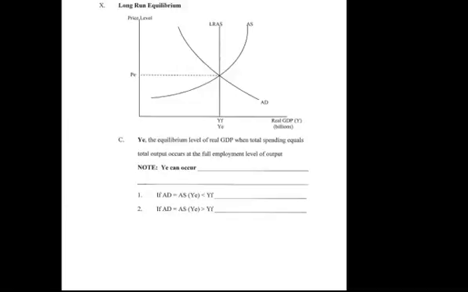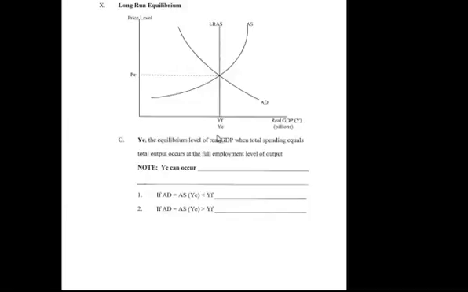Long-run equilibrium, well, now we've added this long-run supply curve to our model. I know that the long-run supply curve could get confusing for students. I've designated it YF, meaning the full employment level of output. It's the amount of output we're producing when we're operating on our PPC, efficiently using all of our resources. And your book, I believe, calls it the potential level of output.